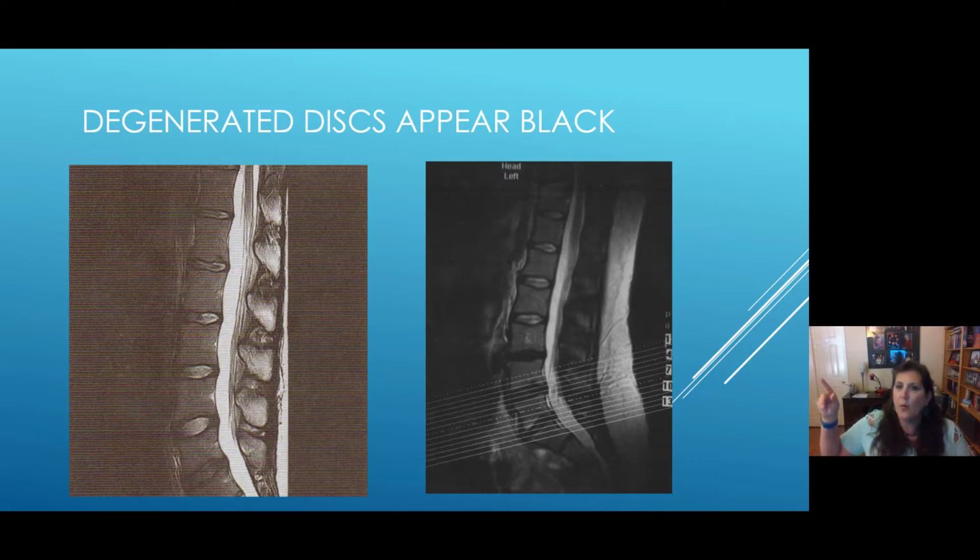And then if you look at the one closest to me, it's white discs, and then suddenly see that one that goes black? And then there's one within the lines that's really black, and then the other one's black, and the bottom one's black. So there's 4 degenerated discs in that spine. That one's me. So I've got 4 degenerated discs in my spine, which is why I get those facet joint injections. So again, things with water appear white, and things that don't have water appear dark.